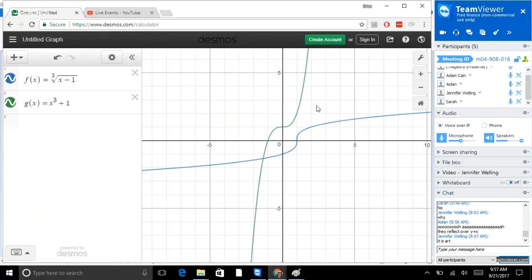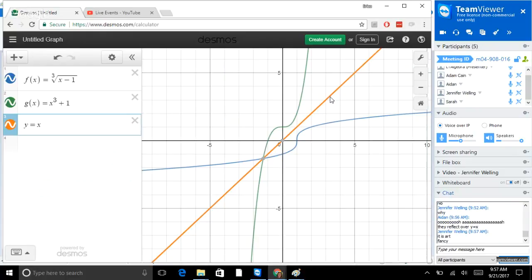And guess what? They reflect across our good friend y equals x. So they are a reflection across y equals x. So this is our line, and it is art. This is another representation of an inverse function. So I just thought it was kind of cool.